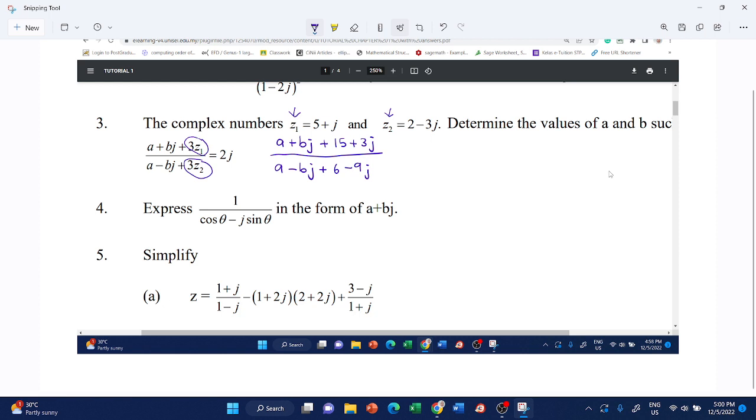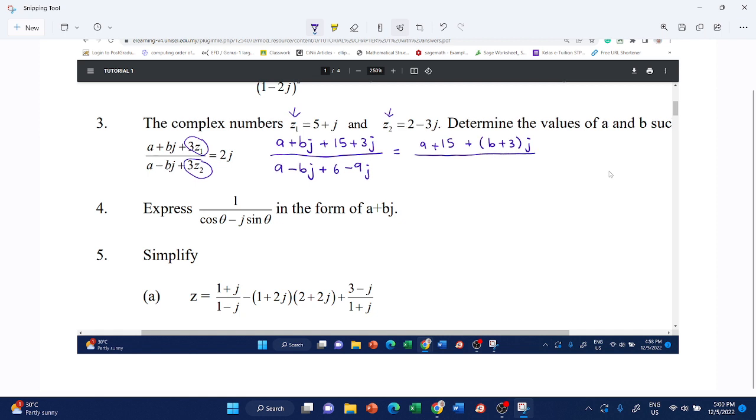Okay. Now, both at the numerator and the denominator, you can group according to real and imaginary. If you group, it is something like this: A plus 15, which is real, and then B plus 3 is your imaginary part.